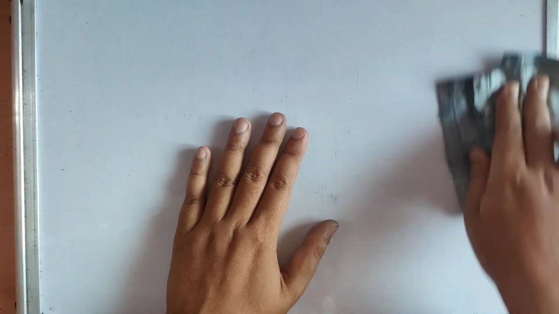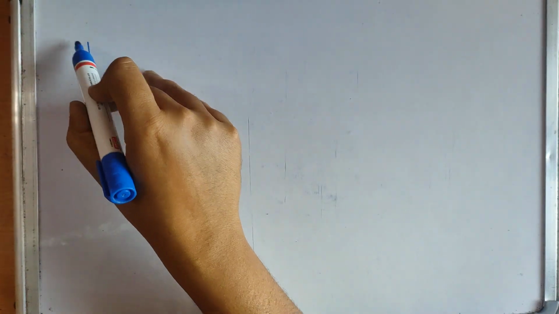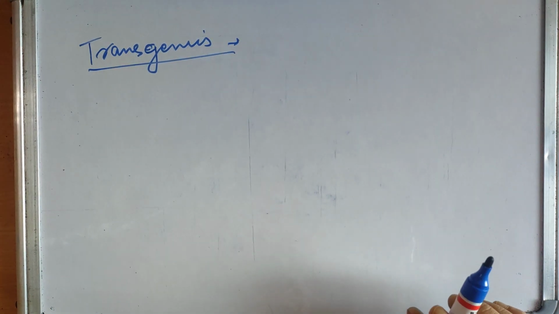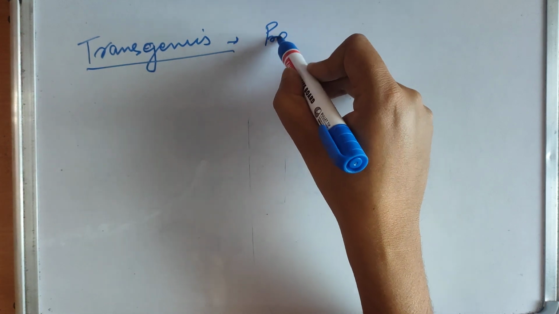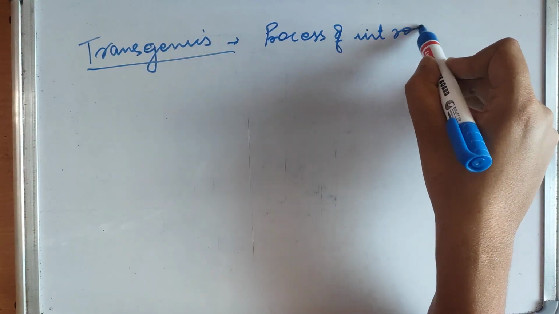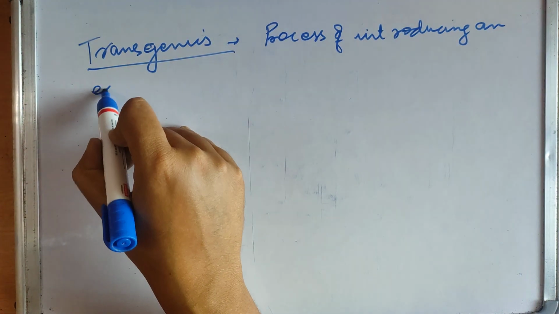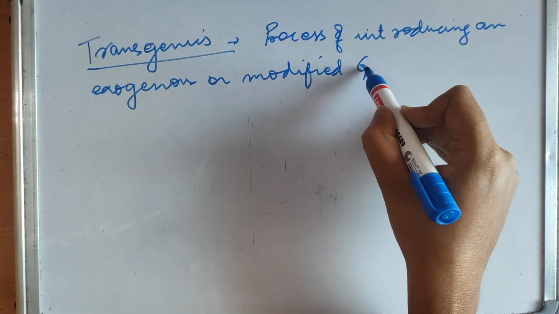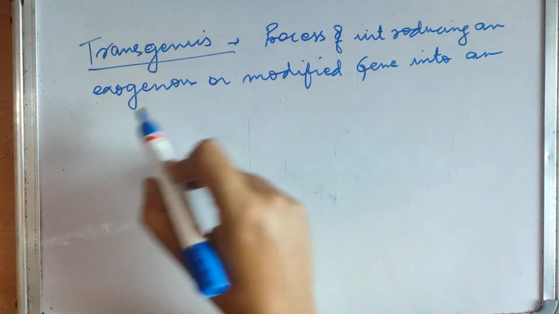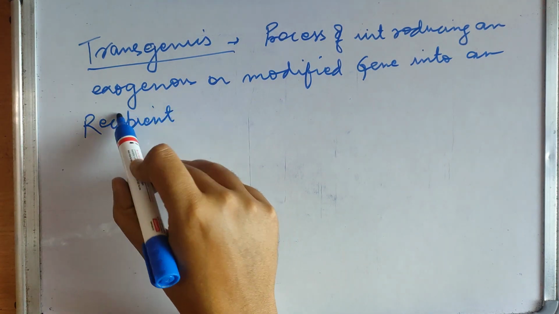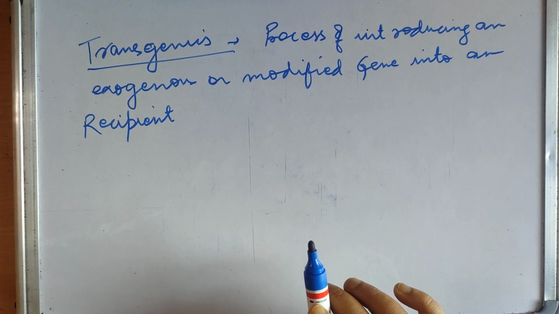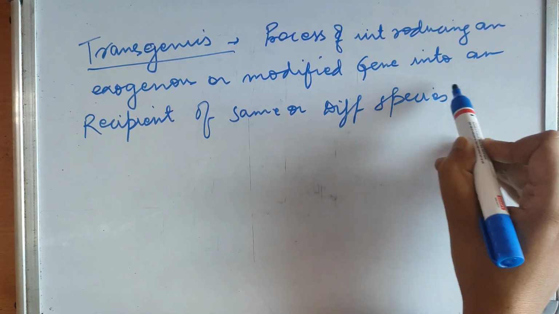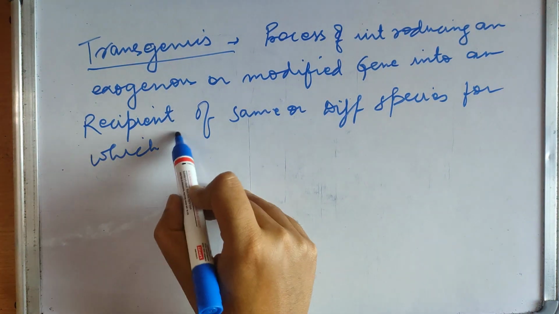Now moving on, what are transgenics? It refers to the process of introducing an exogenous gene, that is a gene from outside, or a modified gene, into a recipient of the same or different species from which the gene is derived.